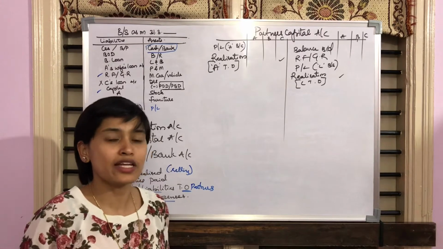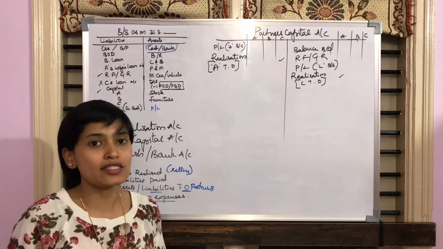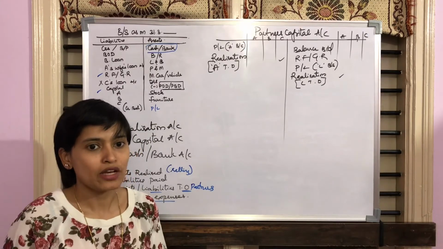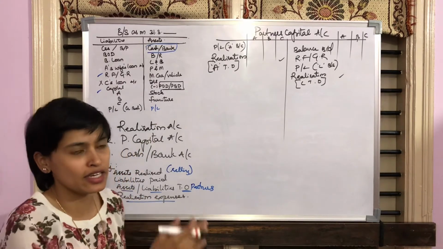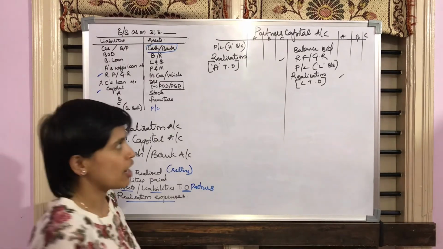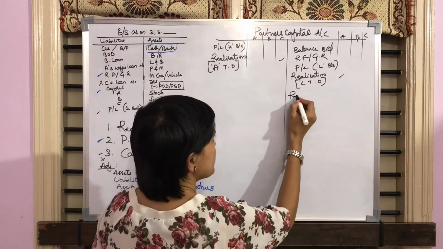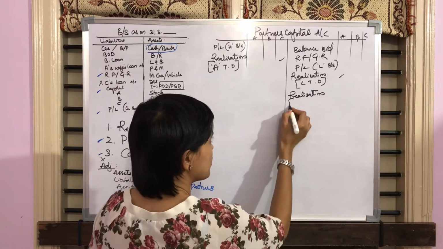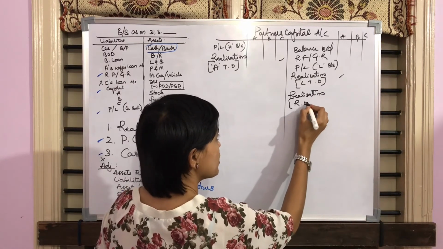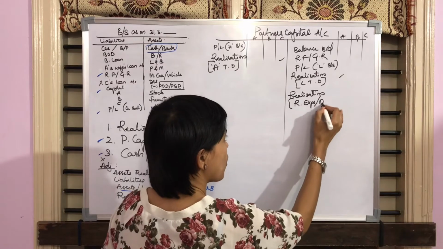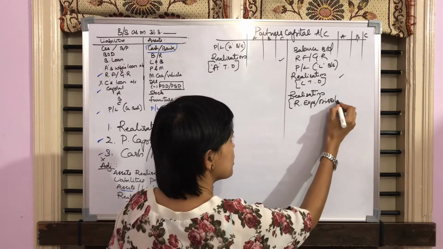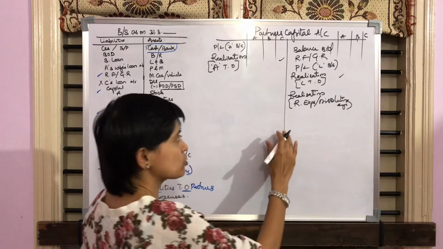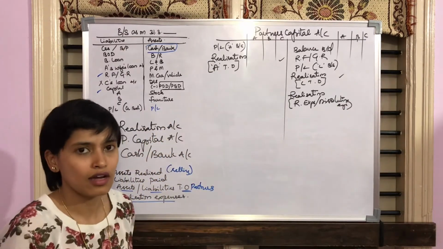Then, if there are any realization expenses taken care of by the partner, such things should be reflected in the realization account. In that case, write realization account, realization expenses or dissolution expenses, to the respective partner, and write the amount.